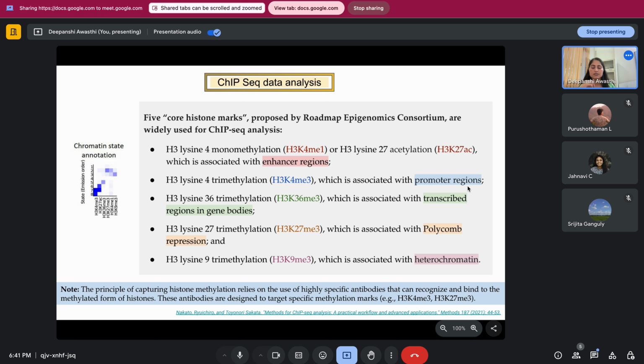Firstly it will start the transcription in the nucleus, and translation will begin in the cytoplasm. That will be a later process. So this kind of methylation will help you to know that this particular region of DNA is a promoter region.